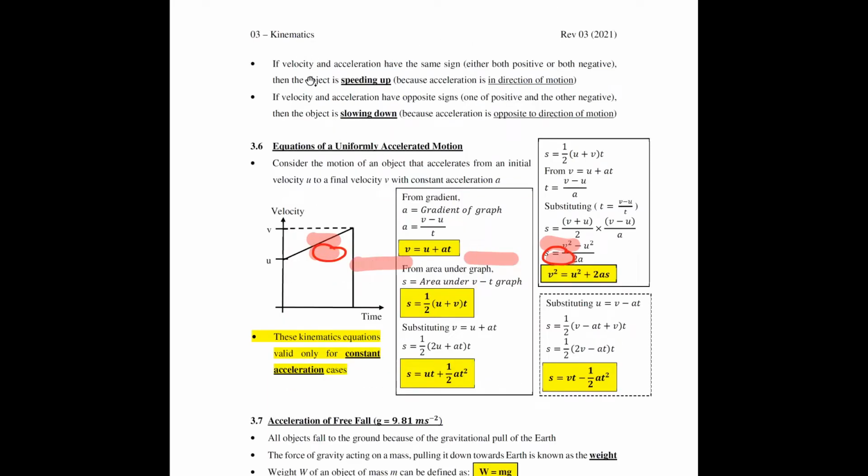If the velocity and acceleration have the same sign, either both are positive or both are negative, then the object is speeding up, because this would imply that the direction of motion is in the same direction as the acceleration. On the other hand, if your velocity and acceleration have opposite signs, one of it positive, one of it negative, the object will be slowing down because the acceleration is opposite to the direction of motion.